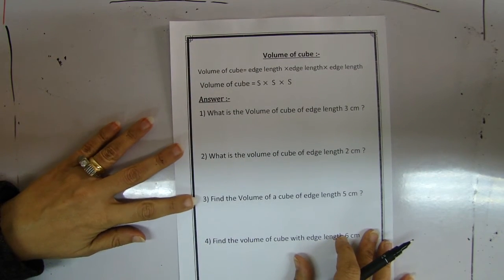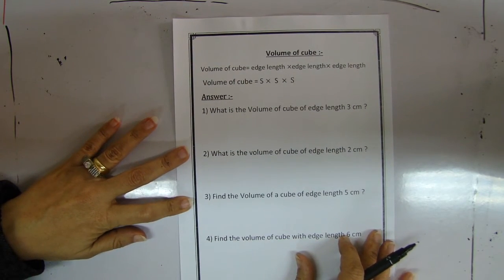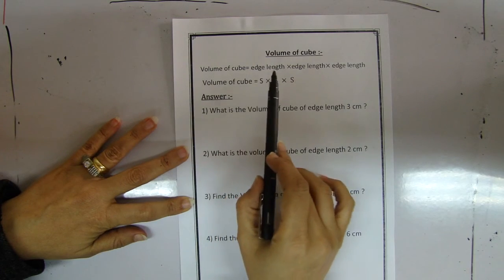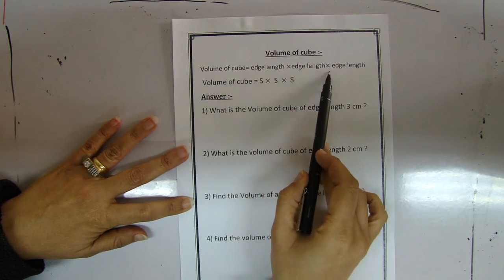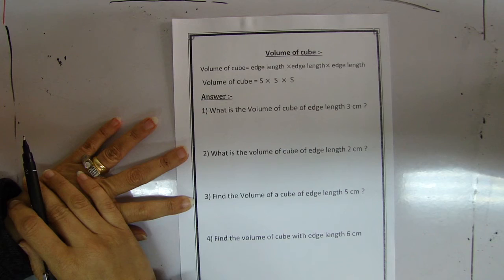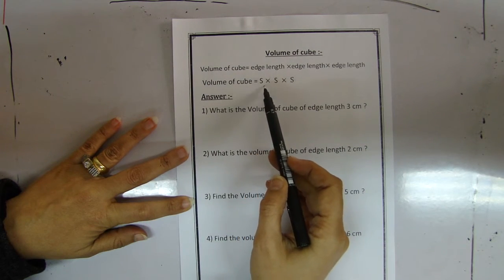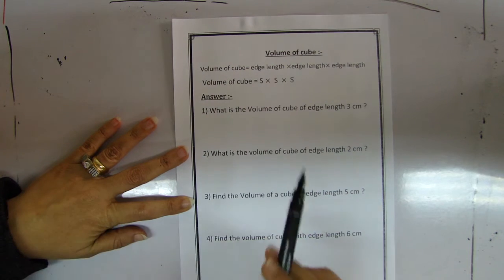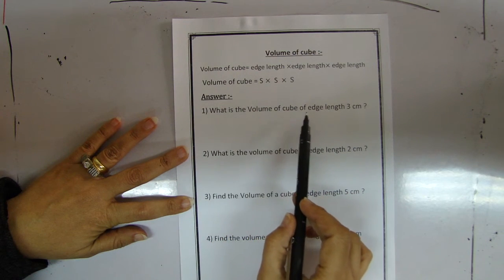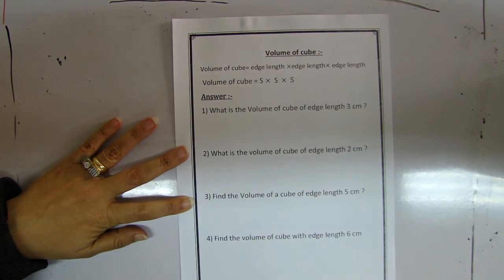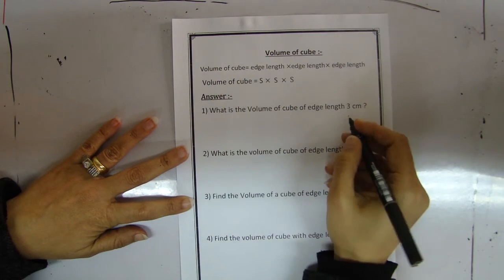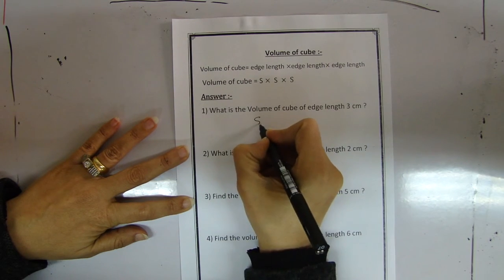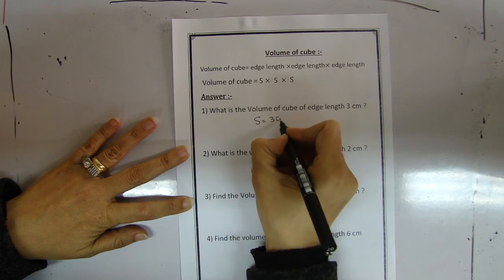Volume of cube. Volume of cube equals each length times itself times itself. Then volume of cube equals side times side times side. For example, what is the volume of cube if edge length is 3 centimeters? Then its sides equal 3 centimeters.